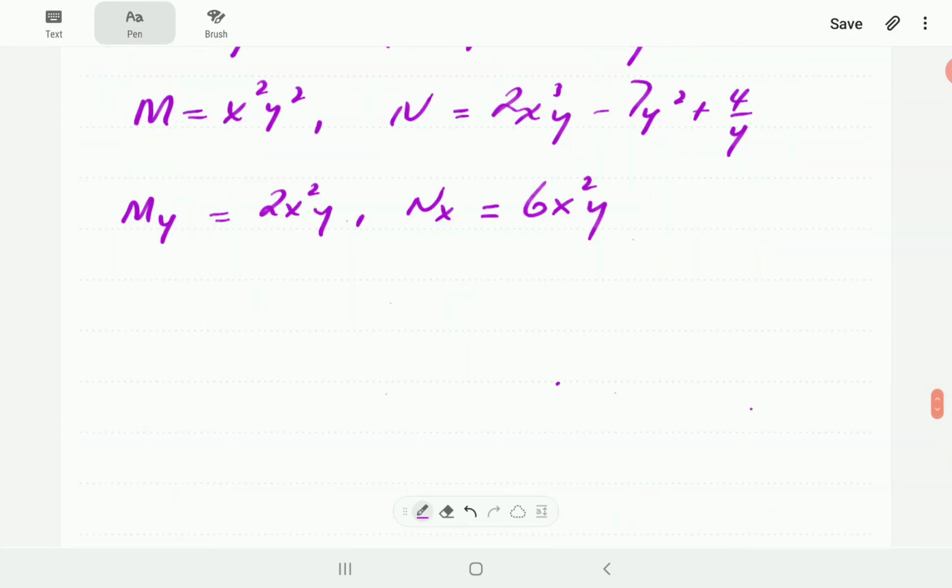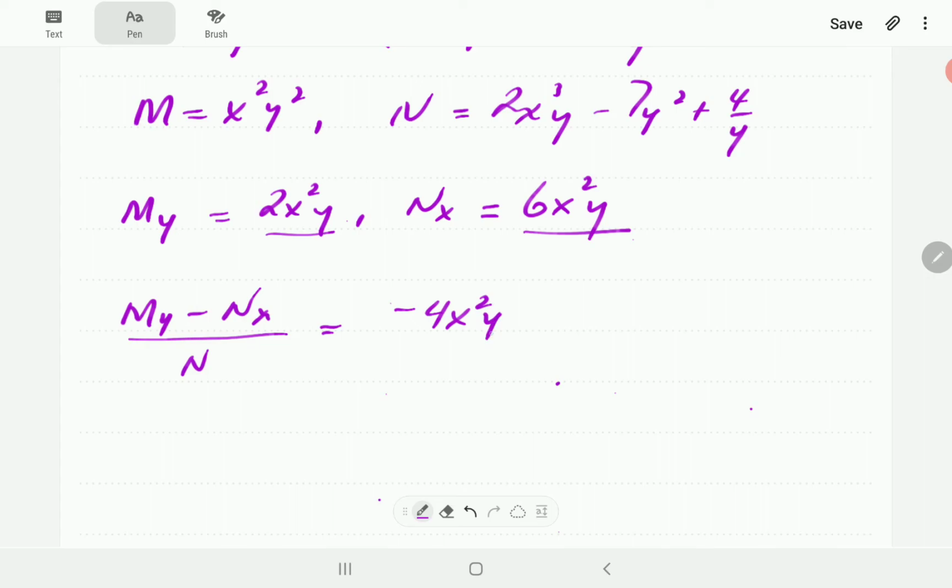So let's see. My minus Nx is going to be this minus this. So that's going to be minus 4x squared y divided by N, 2x cubed y minus 7y squared plus 4 over y.